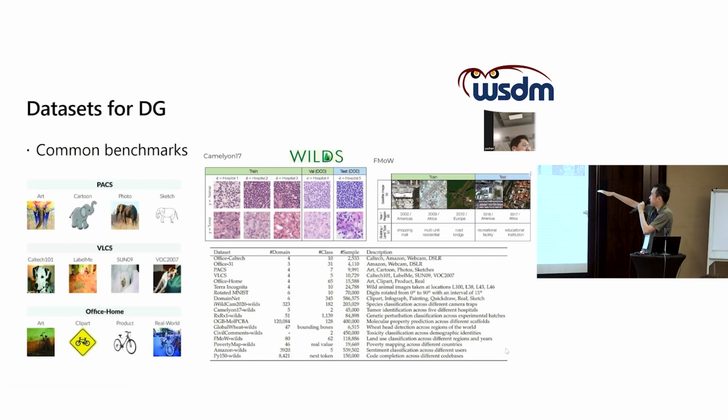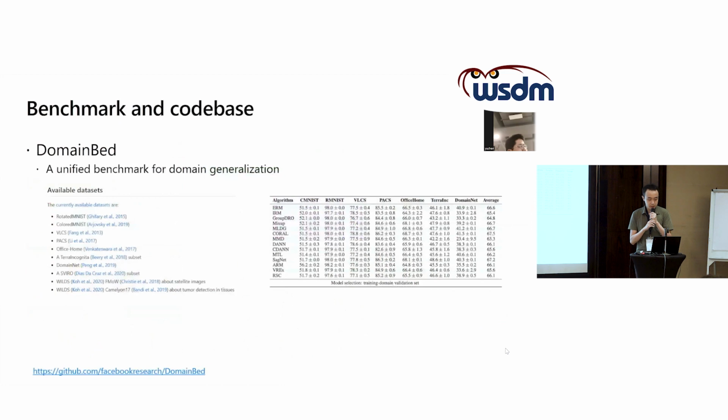For example, we have medical imaging, and we also have remote sensing from satellites. But besides that, it also contains other kinds of applications, including drug discovery and so on.